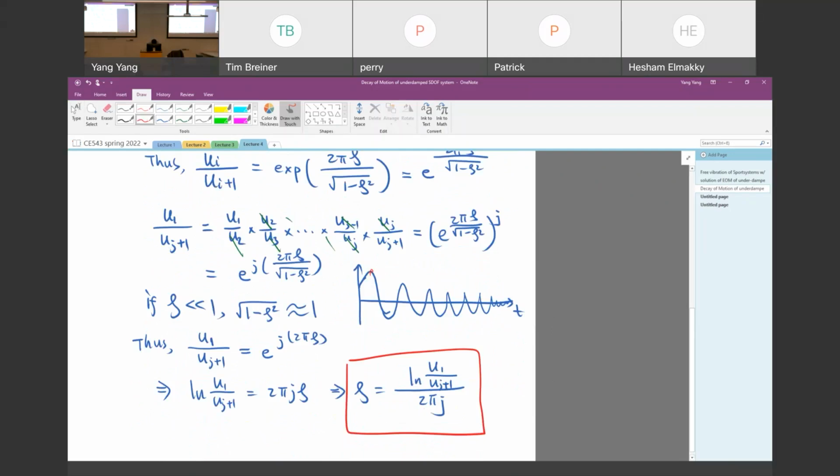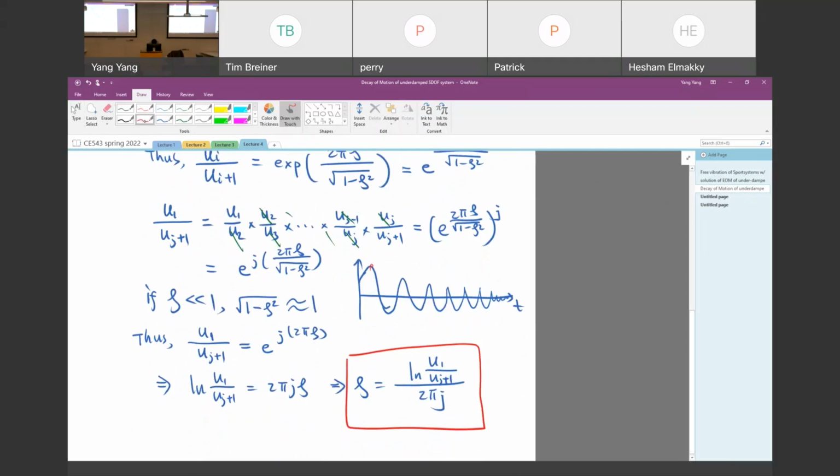So this is U1, and your UJ1 can be any one. For example, typically we do not pick the 1,000, because you may pick this 1,000 that will be somewhere here.